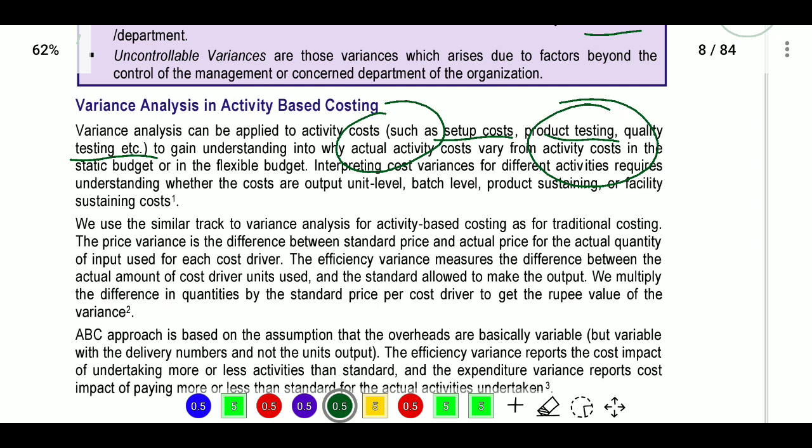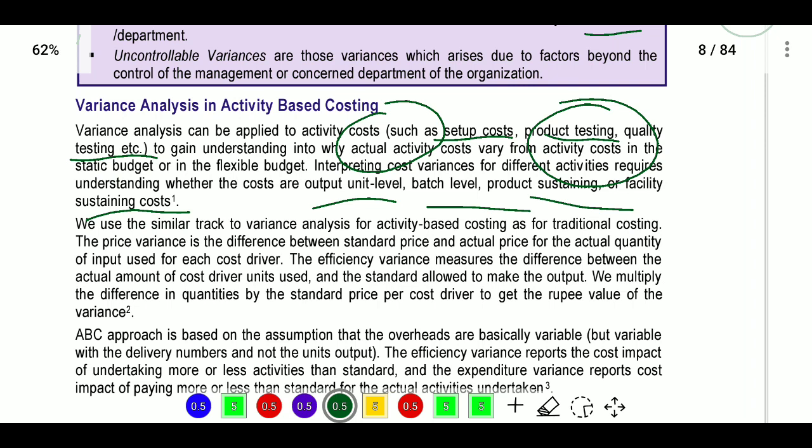Interpreting cost variance for different activities requires understanding whether the cost is output unit level, batch level, product sustaining or facility sustaining cost. So we will track it and see why the difference is there.